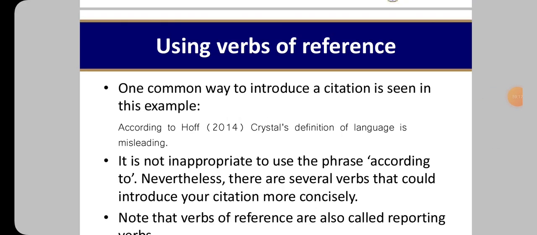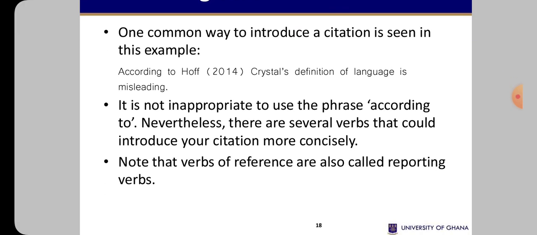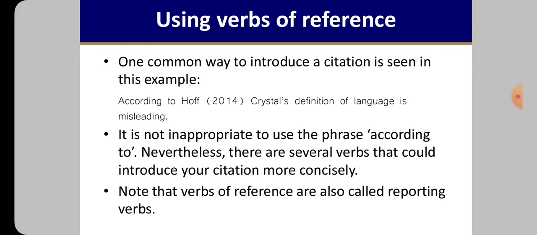One common way to introduce a citation is seen in this example: According to Hoff, 2014, Crystal's definition of language is misleading. So this is how we introduce a verb in a reference.